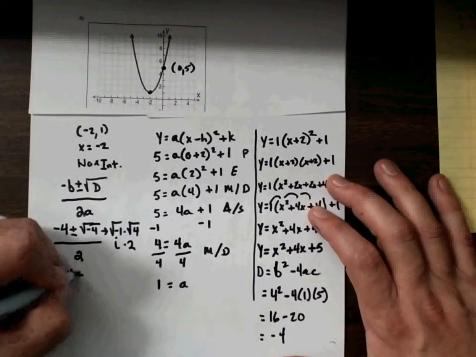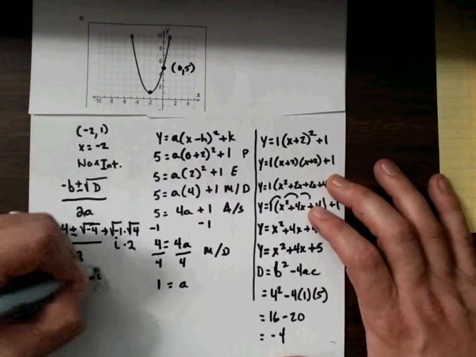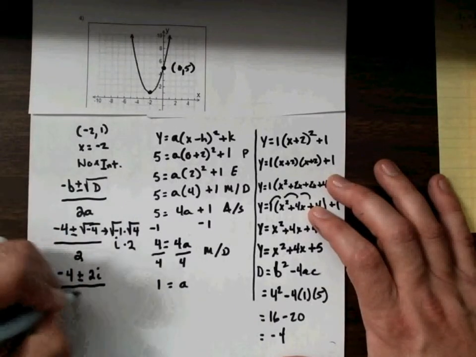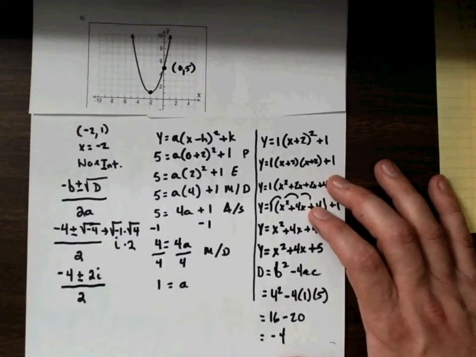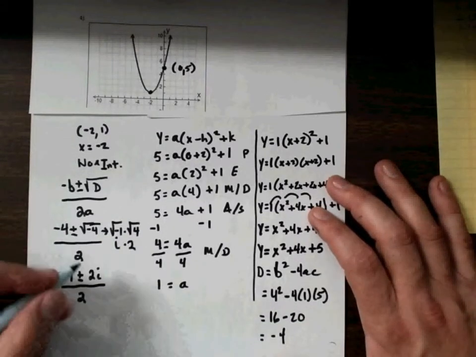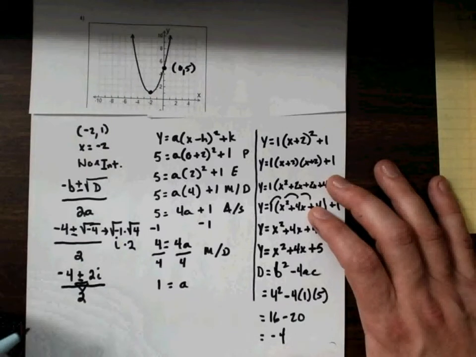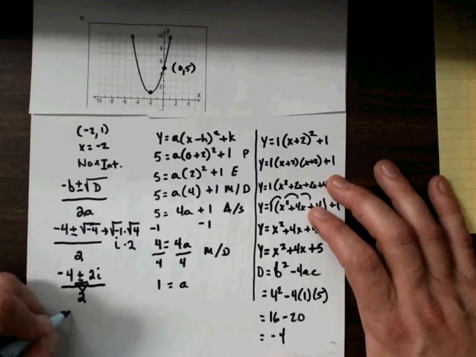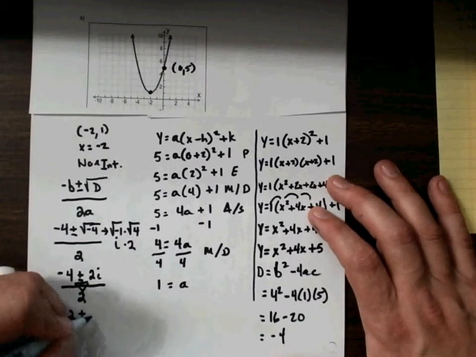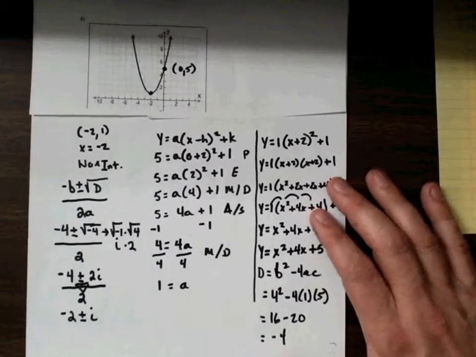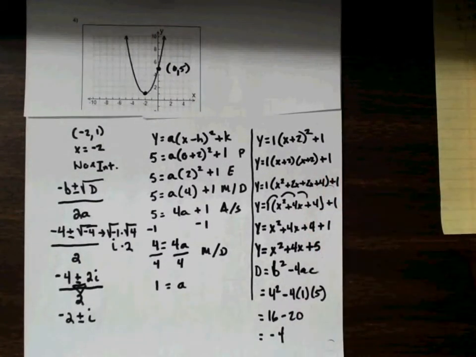And so what I have left is negative 4 plus or minus 2i all over 2. Okay? What's the common factor between all of those numbers? 2, 2, and 2. So I have negative 2 plus or minus i all over 1. So those are the imaginary roots as well. Okay?